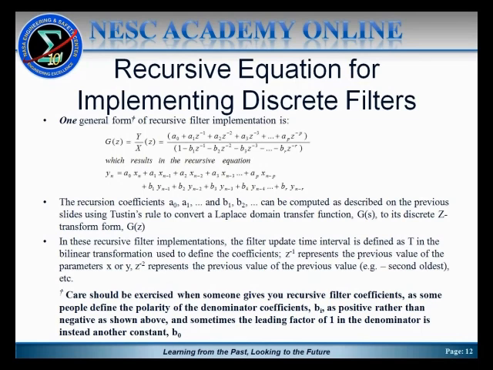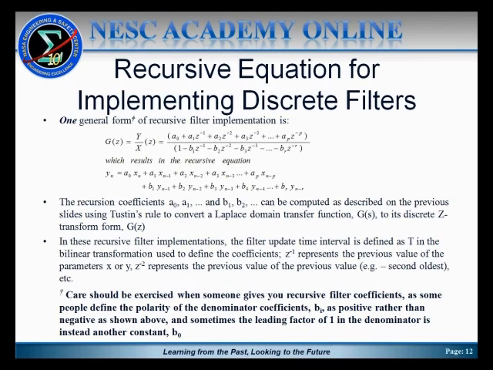And it just all depends on how the person decided to define the algebraic manipulations that we showed earlier when you implemented Tustin's rule. So it needs to be very clear when you're working with someone who gives you discrete filter coefficients, how did they define the coefficients in those filters. But the form that's shown at the top of the page is a fairly common form, and I won't say it's universal, but most of the time it's shown as defined there.